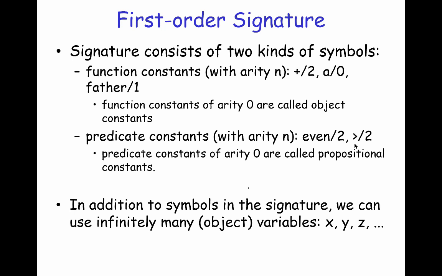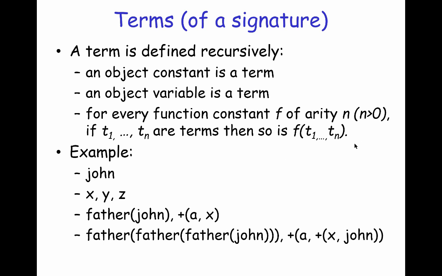Okay. Now using this, we can define what a term is, and a term is defined relative to a signature. So in order to define a term, you should first fix what signature you're talking about. And a term is defined recursively. Every object constant or every object variable is a term. So if I say John, which is supposed to be the name of some individual, this is a term.